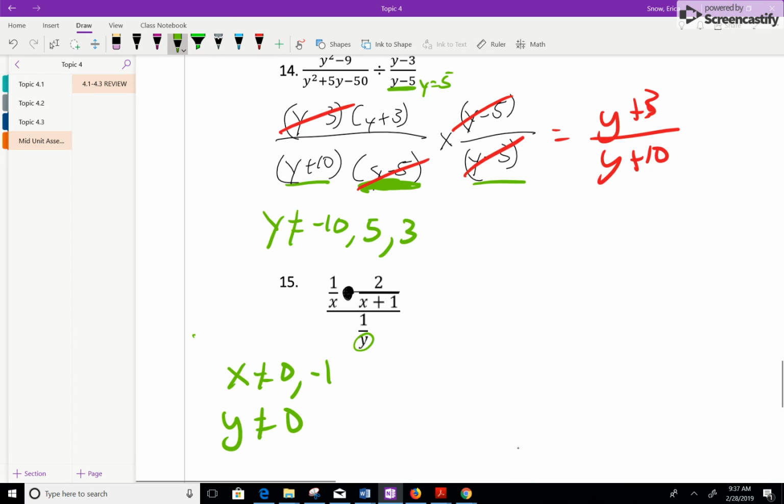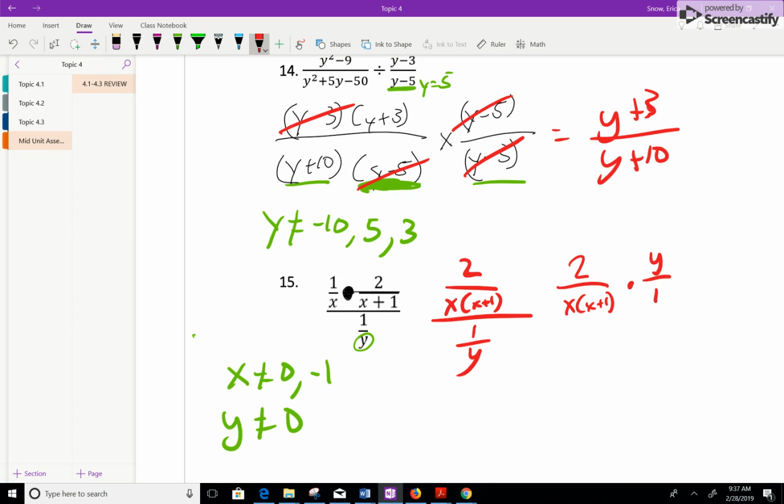Then I am going to multiply and simplify. So I'm going to get 2 over x times x plus 1 over 1 over y. And then we have to keep change flip. So 2 over x times x plus 1 times y over 1 gives me 2y over x times x plus 1. And that is our final answer.